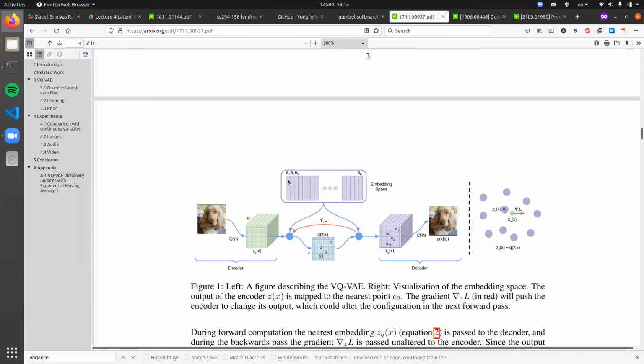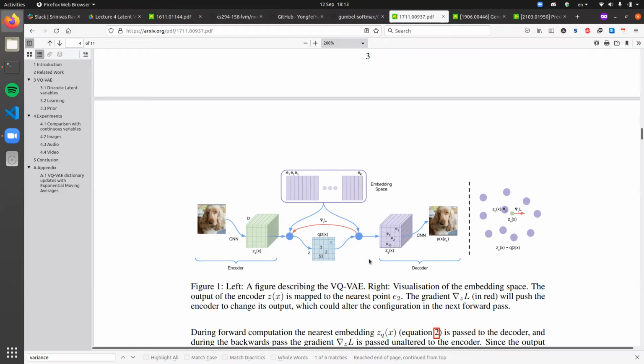So here, this violet color represents the codes from our code book or lookup table, which is our embedding space, and this z_q(z|x) is just our latent code, which is discrete, right? Each value here represents an integer, which is an index of the vector in this lookup table.